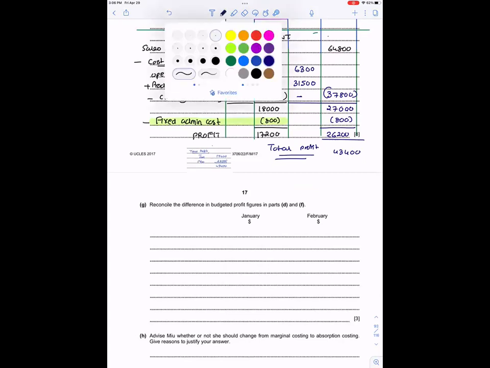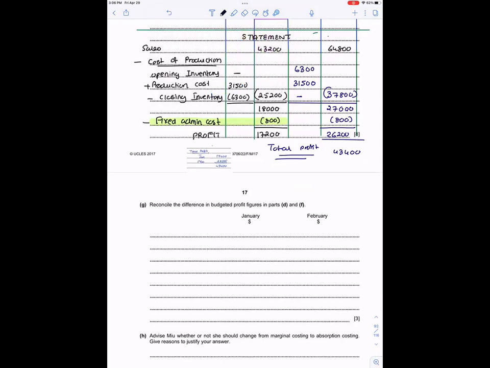Okay. So how do we do it? Now I'm giving you a shortcut to do it. You can start with any profit that you want. Tell me which profit you want to start with. Marginal or absorption? Marginal. Okay, start with marginal. So I'll start with profit as per marginal costing.